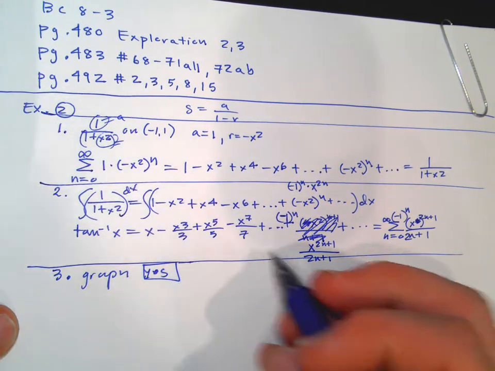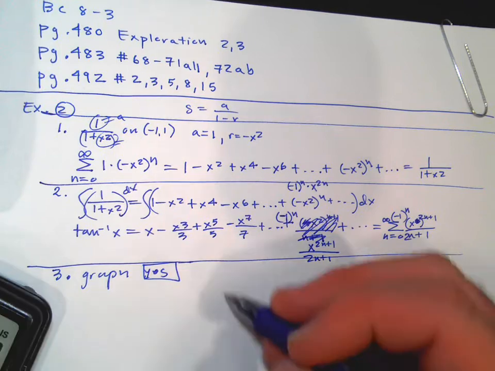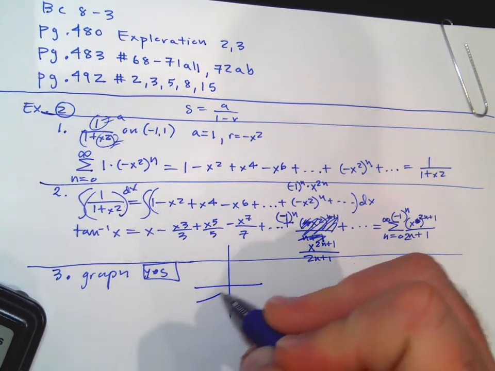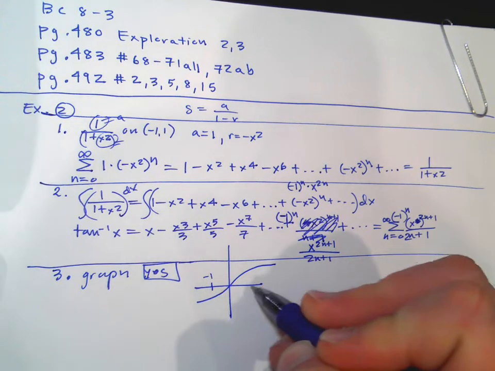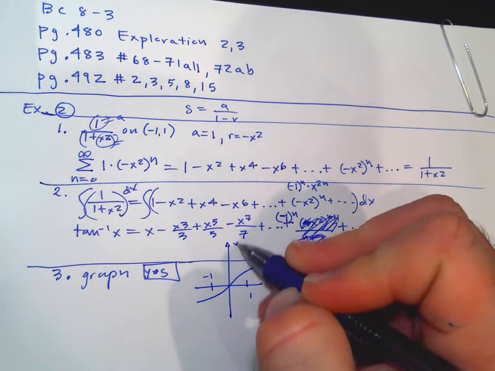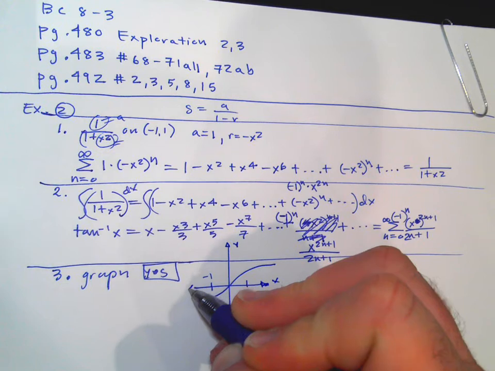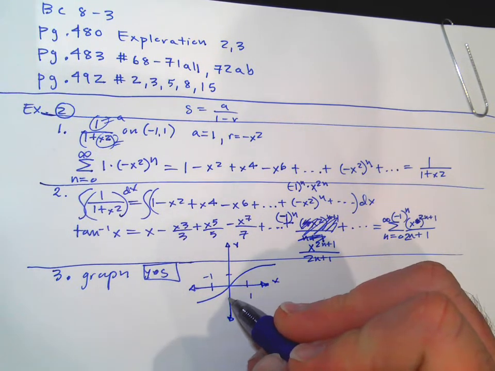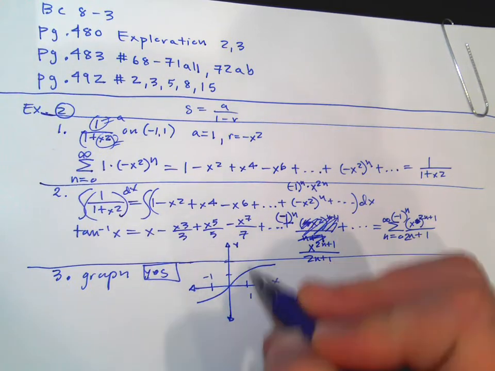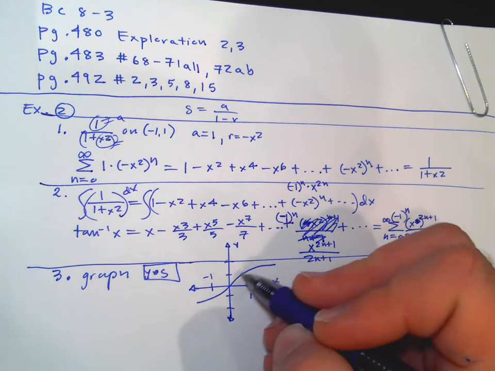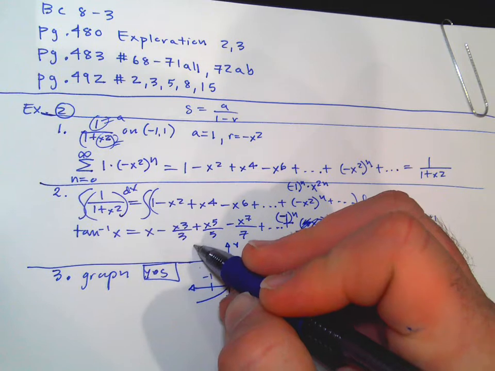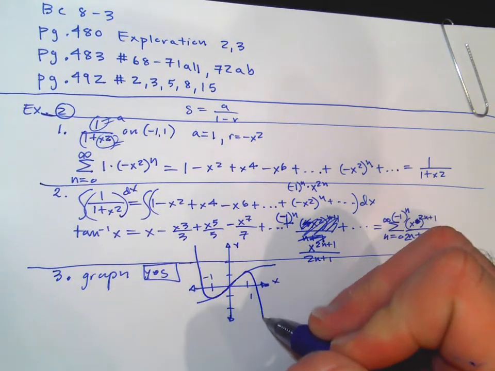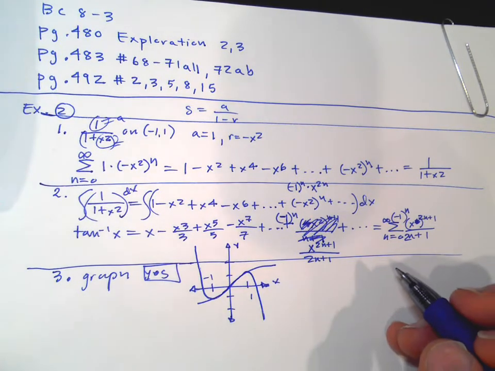I mean, we could draw a little sketch of this if you want. Okay, so it comes in, kind of goes like this. Like that. That seems pretty good. It seems like it's converging. Okay.